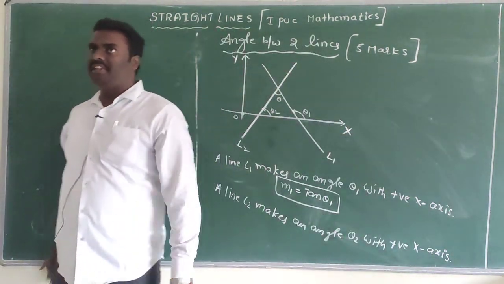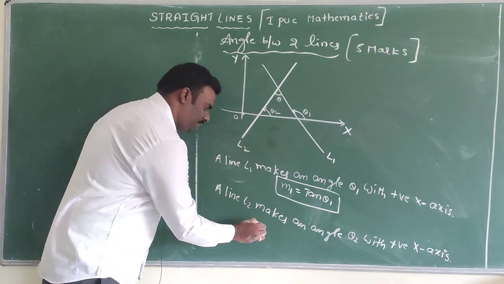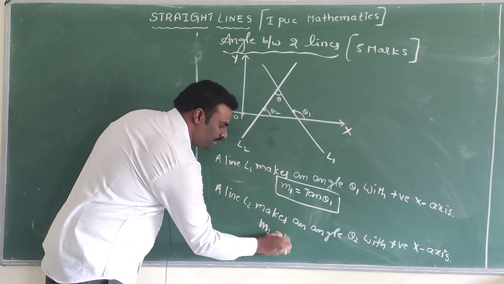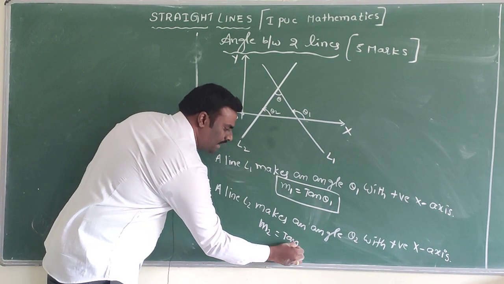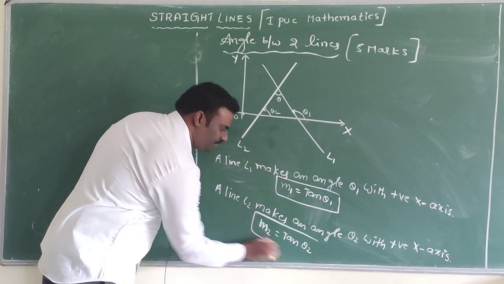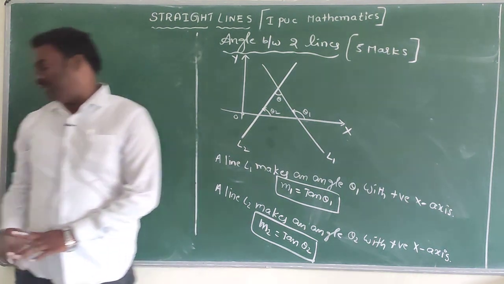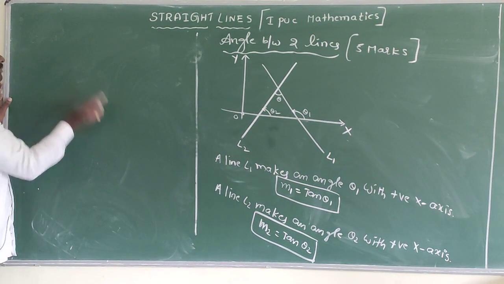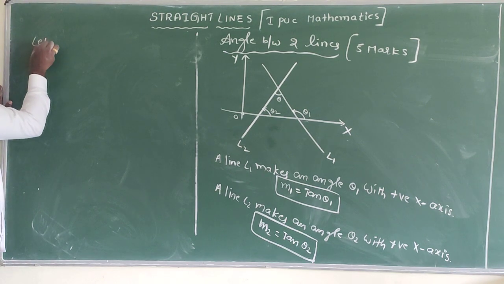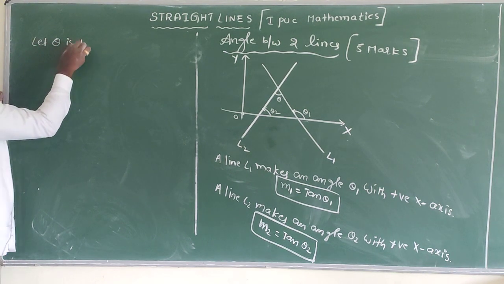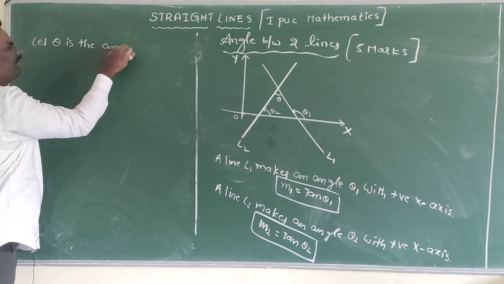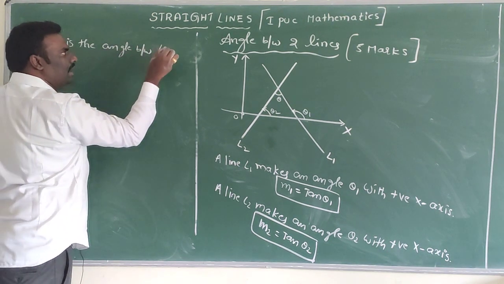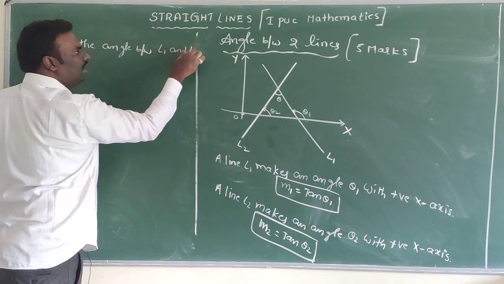Then the slope of this line m2 is equal to tan theta 2. So finally we know m1 and m2. And one more, I took, let theta is the angle between L1 and L2.